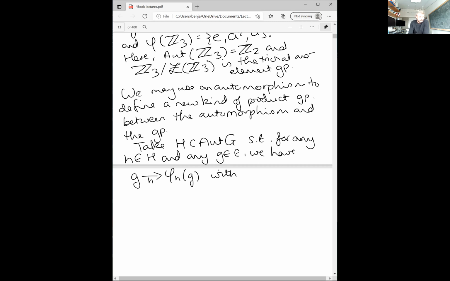and this map is defined such that, of course, phi_h(g1) phi_h(g2) is phi_h(g1 g2).